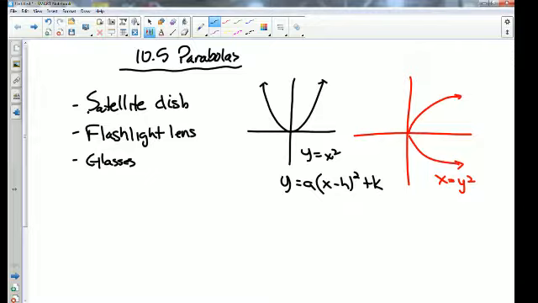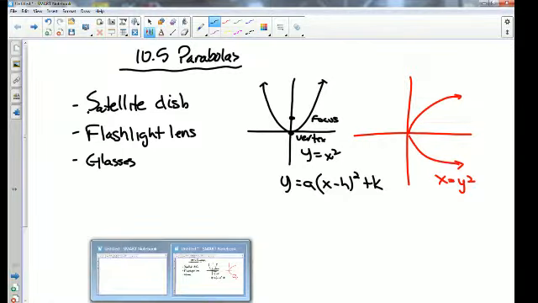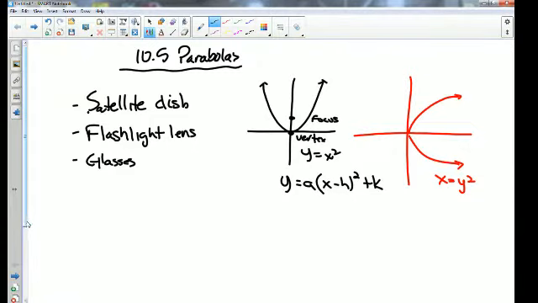We're going to add a little bit to it so that we can calculate a few different things. So first thing we want to be able to calculate is the focus. We also want to know the vertex. How do you know the focus? Well, that's what I'm about to show you.